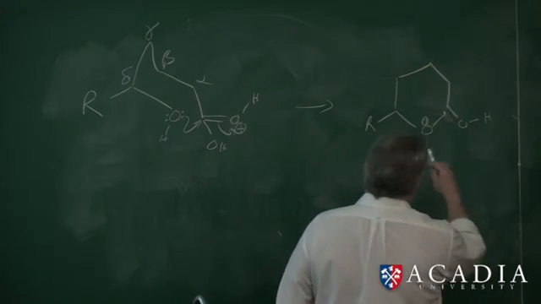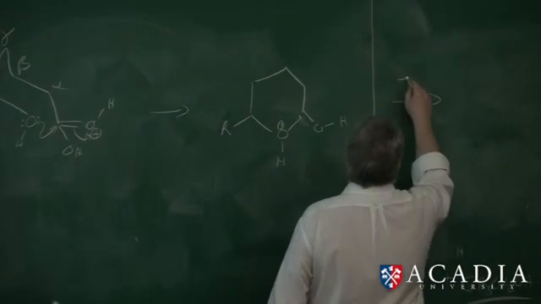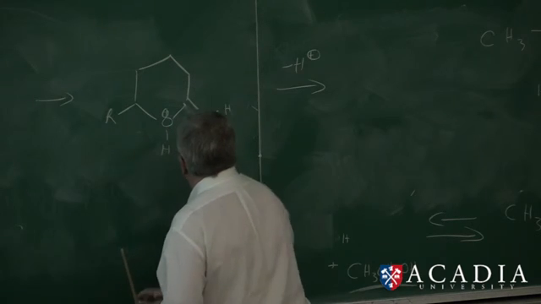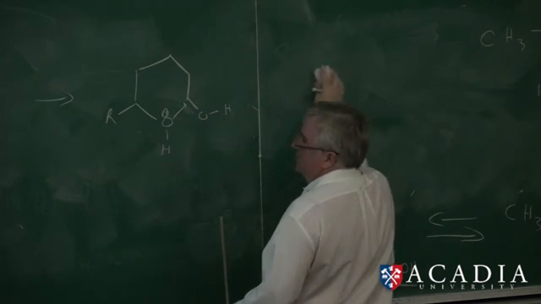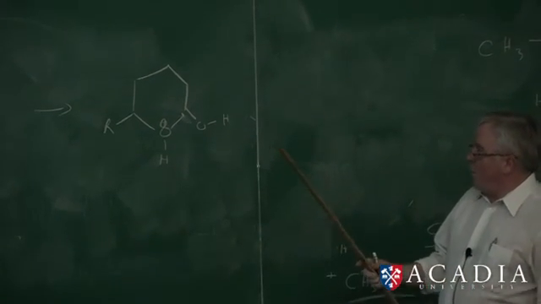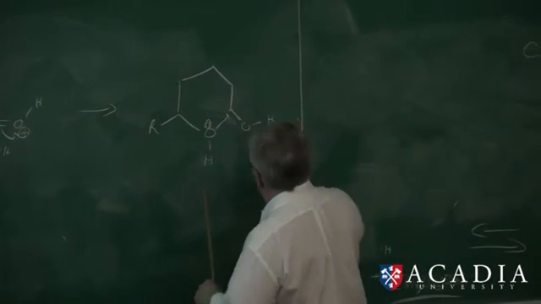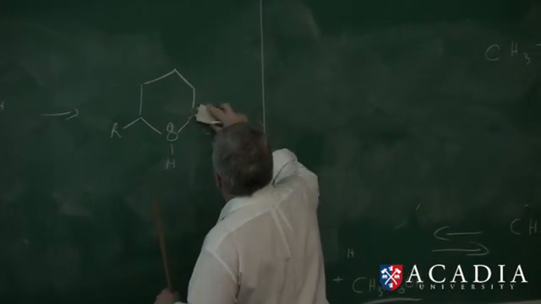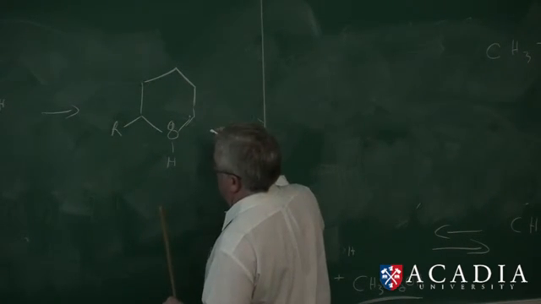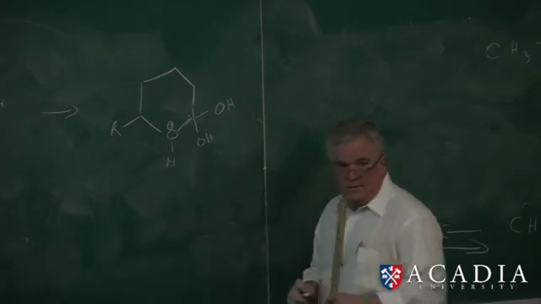So we've now formed this intramolecular compound, and some base comes along. The next thing that happens then, what's wrong? I had an OH here, and I have another OH here, right?